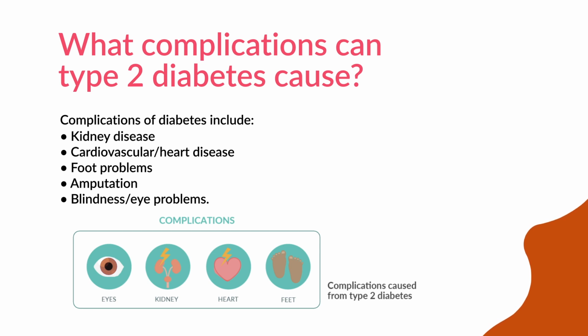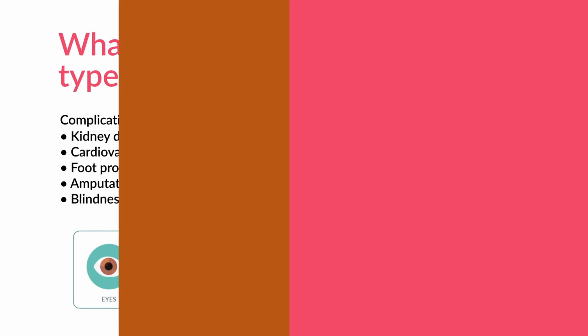It is important that people with diabetes understand their condition and how to treat and manage it. This can include healthy food, physical activity, and medications. Many different health professionals are involved in the care of people with diabetes, and regular health checks are needed to prevent and monitor for complications.